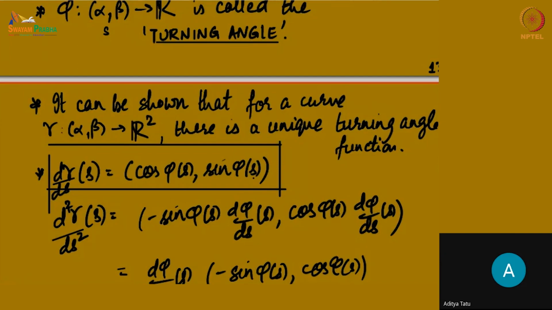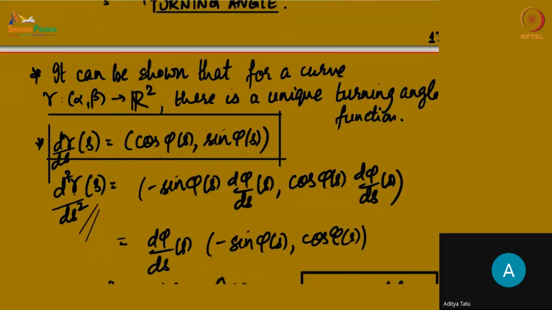Right? And now, a straightforward observation: if I differentiate, we get the acceleration vector on the left. On the right hand side, I should get my signed curvature times the normal vector. So that's what I'm going to do. The d square gamma by ds square is minus sin phi s d phi by ds and cos phi s d phi by ds. d phi by ds is a common scalar.